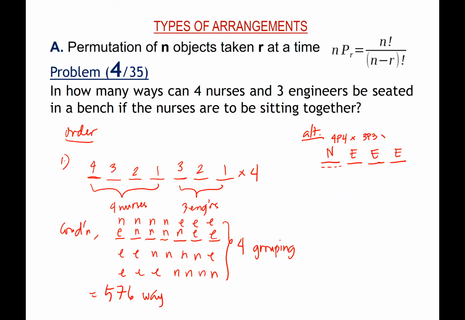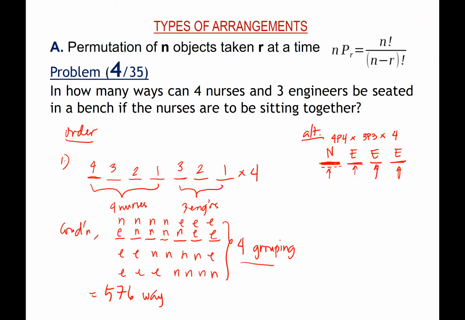Now I should multiply this with another order, because I have 4 seats that have an arrangement. So I consider this one 1, 2, 3, 4. You can multiply this with 4 group of seats, although this one is an individual seat, and I treat the group of nurses as one individual seat.